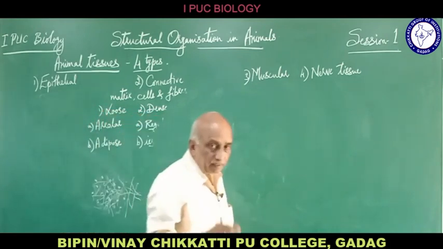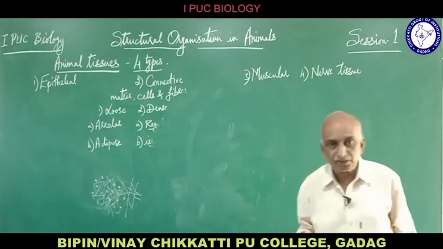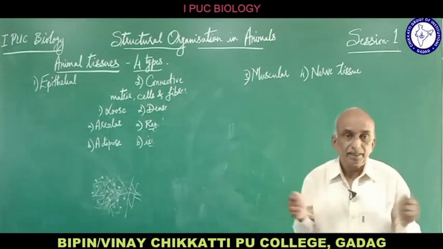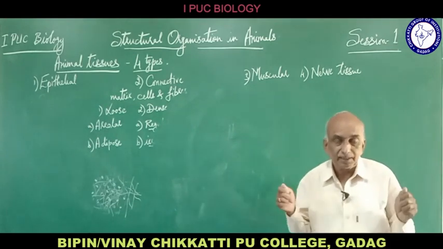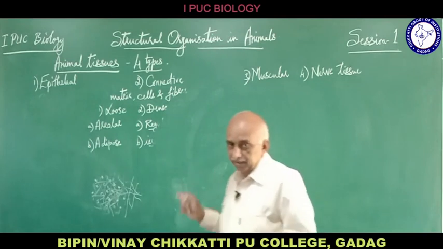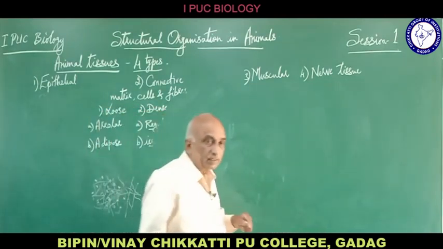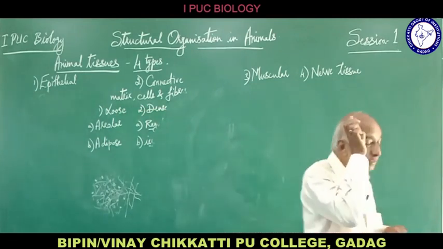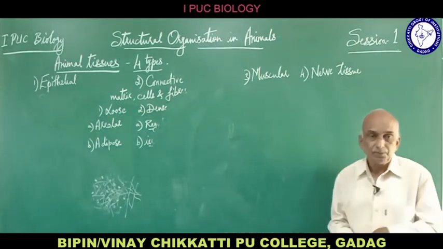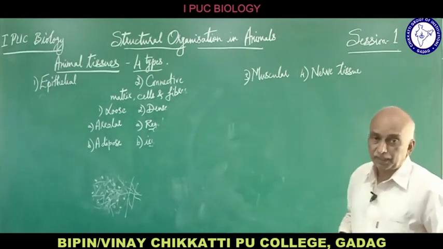So the main characteristic feature of the muscular tissues is that they can be stretched, shortened, contracted, and condensed like a rubber. So that is the characteristic. This elasticity is because of the presence of the muscle proteins in the cells, which help in the stretching and contraction.